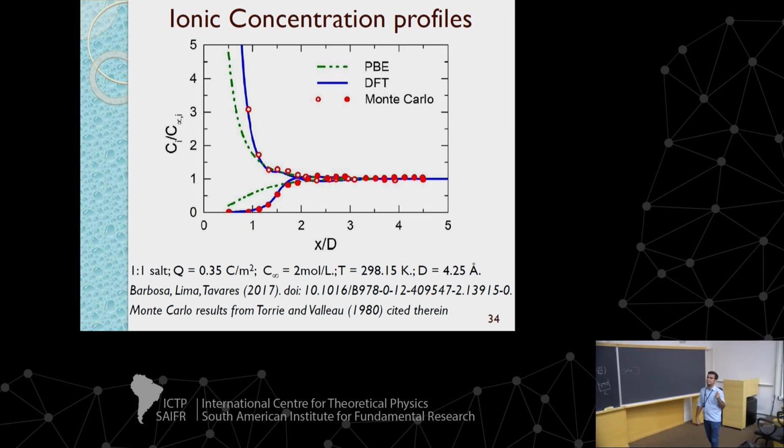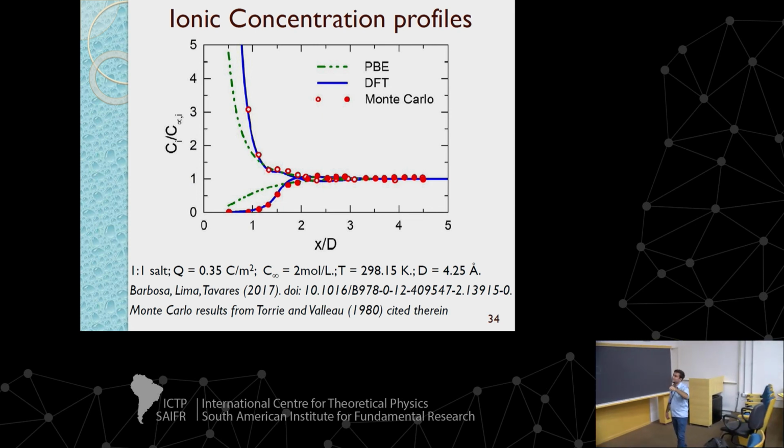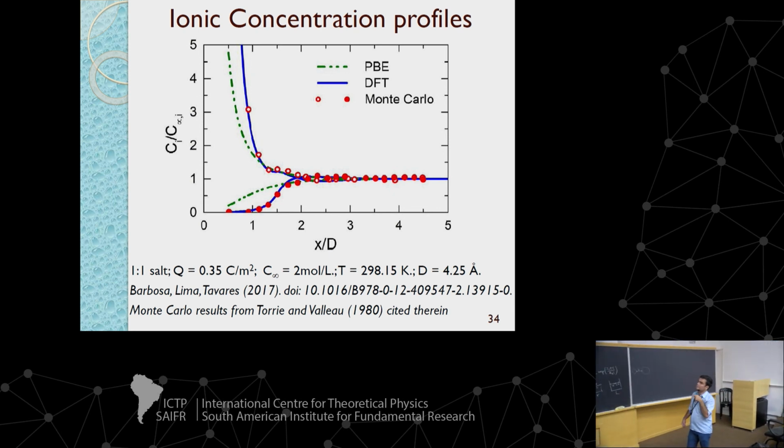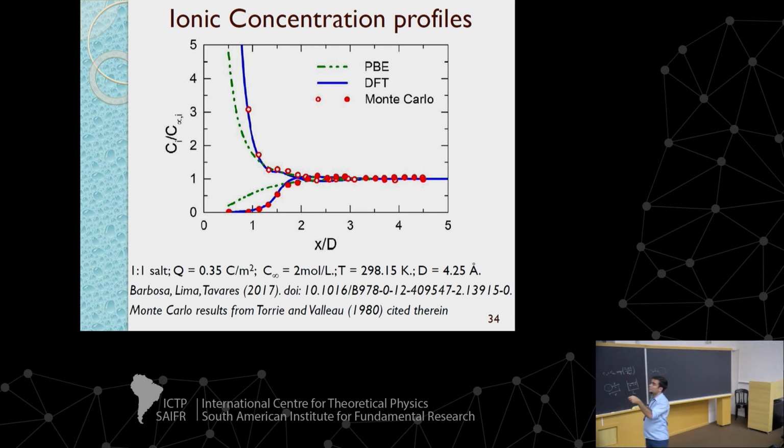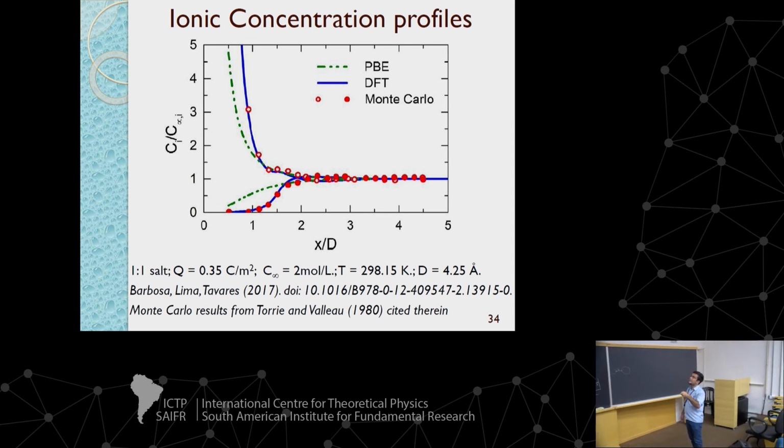And these are some results comparing with molecular simulation. Okay, so this is for comparing with Monte Carlo simulation. This is a 1:1 salt with 0.35 charge density. And an increased concentration, this is a higher concentration, and we get those results. So Poisson-Boltzmann shows very different results at lower distances, but DFT reproduces almost exactly the molecular simulation results.